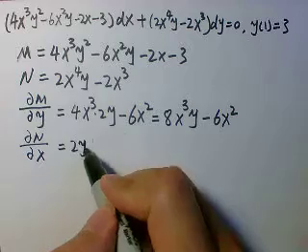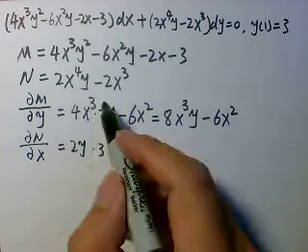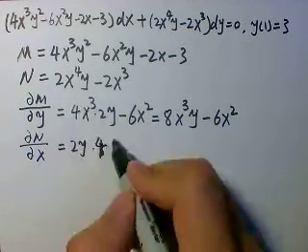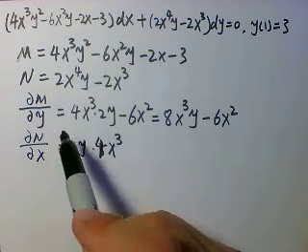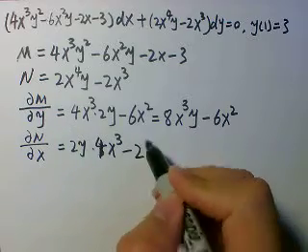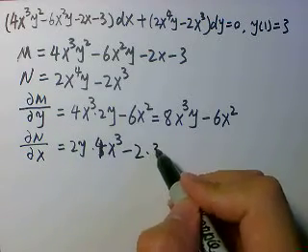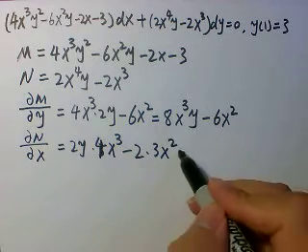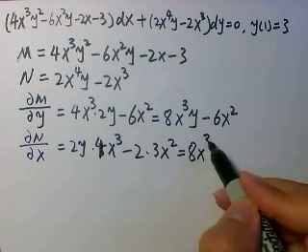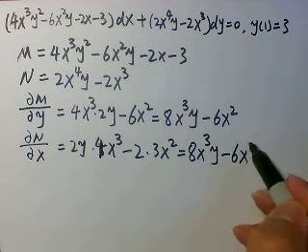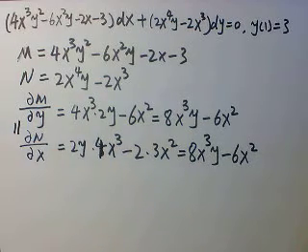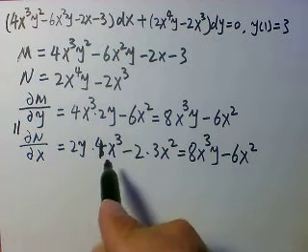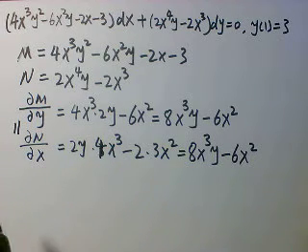So we have 2y times 4x cubed, the derivative of x to the power 4, minus 2 times 3x squared, and we get 8x cubed y minus 6x squared. So we can see these two equal each other, which means this is an exact equation.